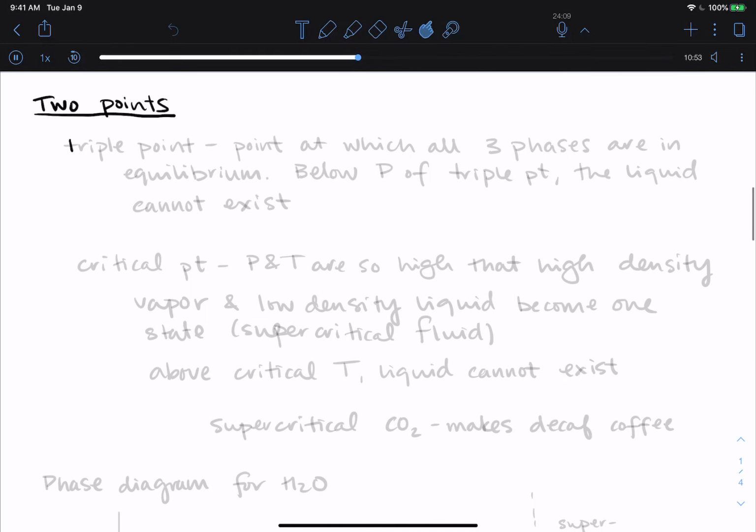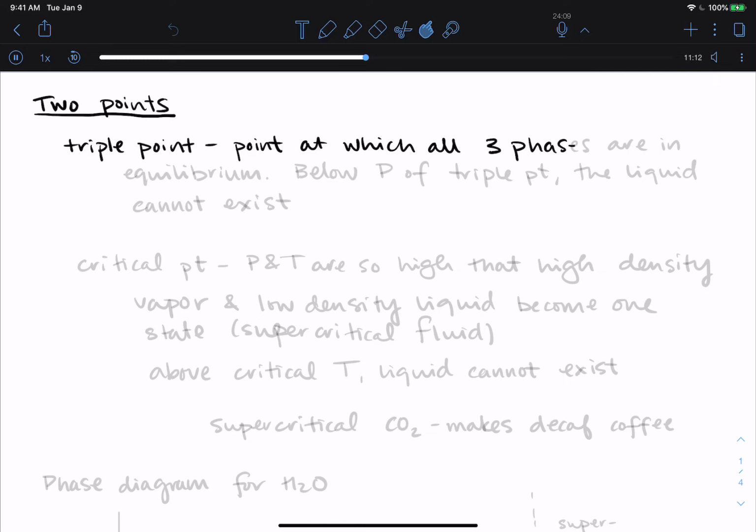There is something called a triple point. This is where all three lines intersect, and it will be the point at which all three phases are in equilibrium.